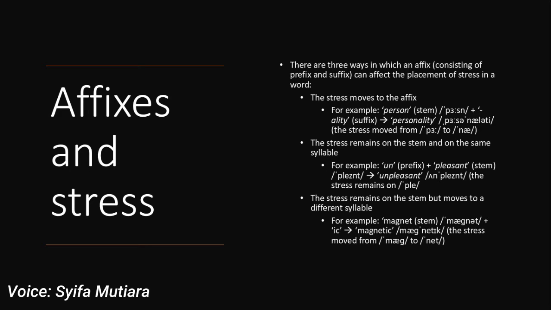Second, the stress remains on the same syllable. For example, the word unpleasant. It consists of un as prefix and pleasant as a stem. So before and after the prefix un is attached, the stress still remains on the ple, so it becomes unpleasant.